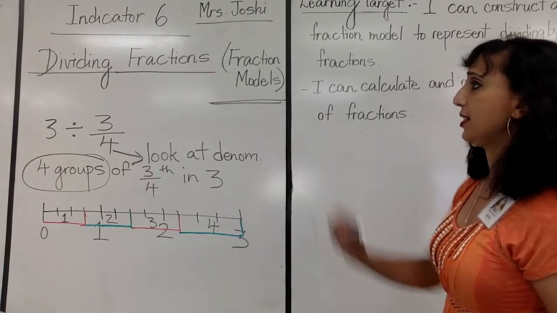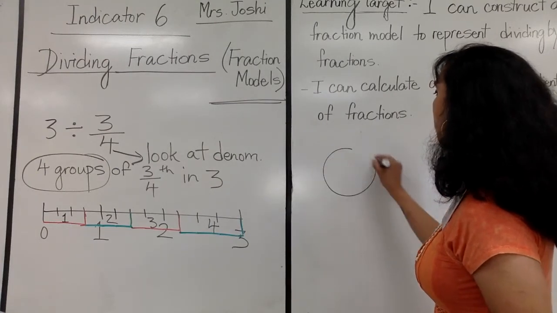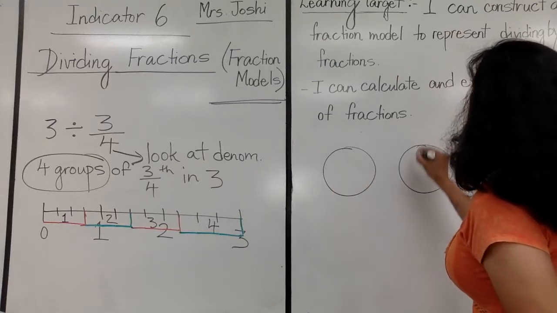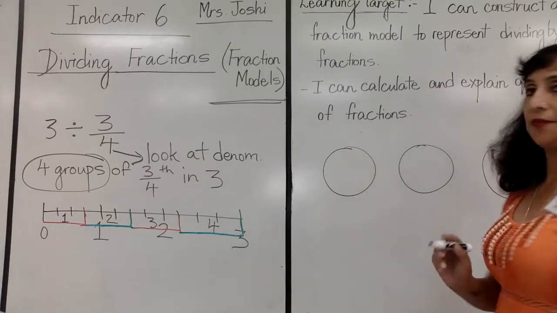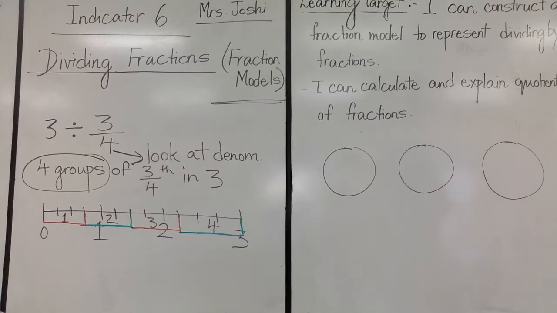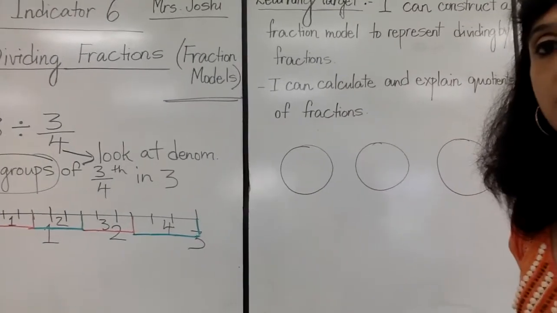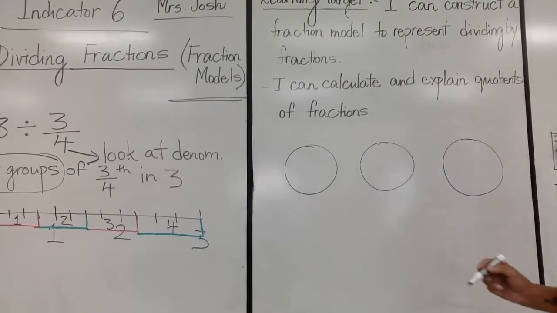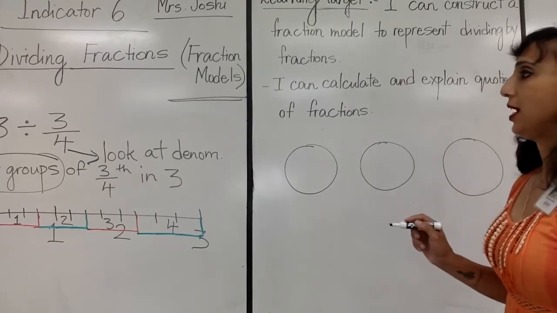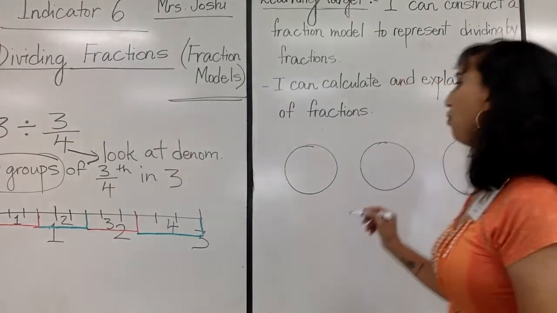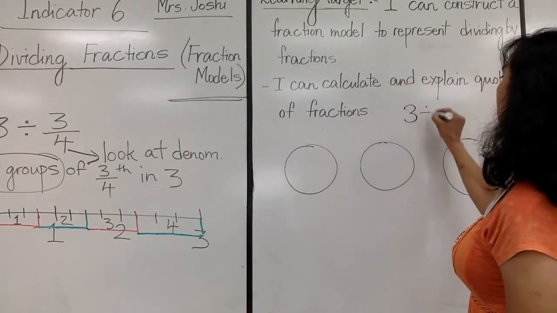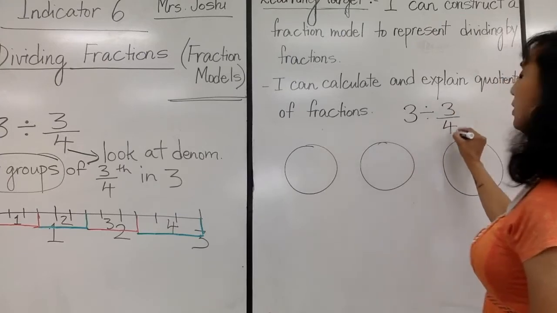But if I have circles, I can see I have 3 as my whole number. So 1, 2, 3. Okay, those are my 3 circles. All right, and now over here it says my denominator is 4 because here's my question, 3 divided by 3/4.